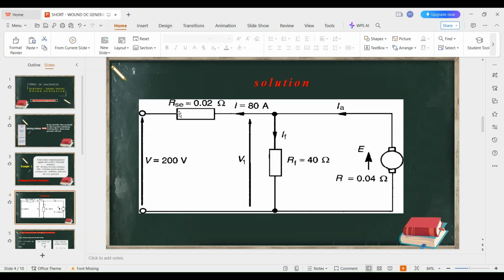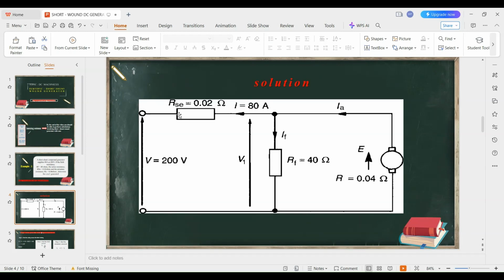Now, let's look for the terminal voltage. Remember, I said that V1 is given by the supply voltage, which is 200, plus the voltage drop across this series resistance.